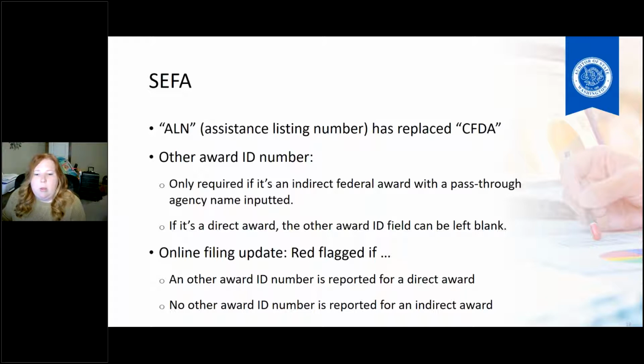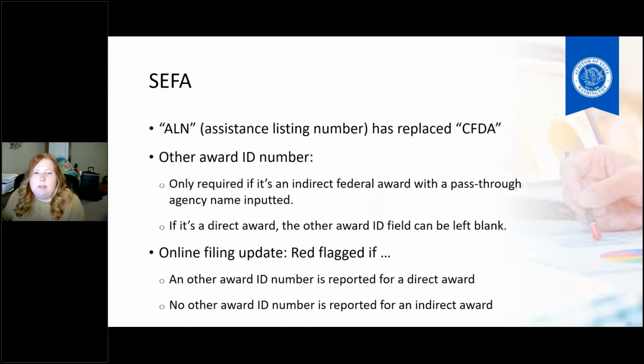Now, I just want to put out a reminder that when reporting direct awards, make sure that the field for pass-through agency name is blank and that there's nothing in there, because that's what will indicate that it's a direct award. Now, for indirect awards, the field for other award ID number is required.